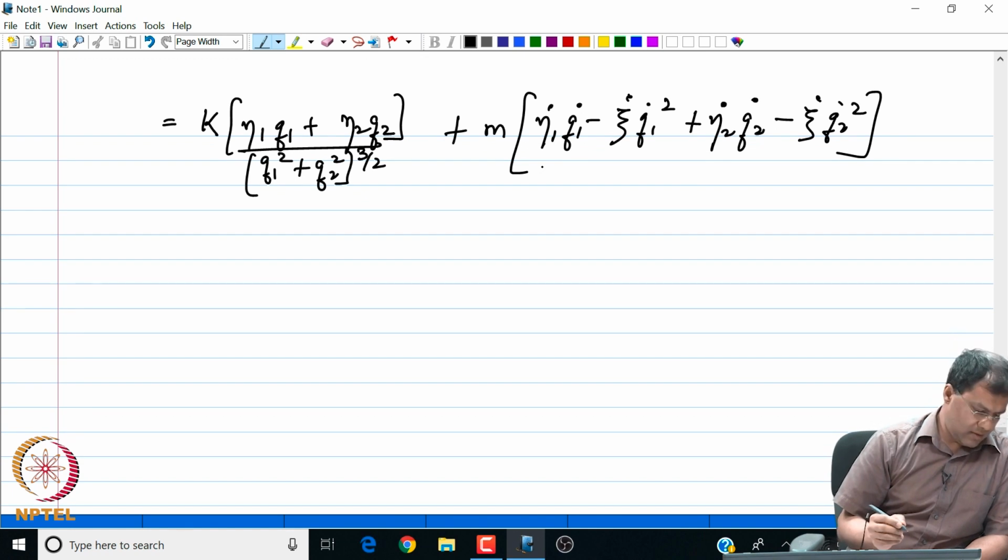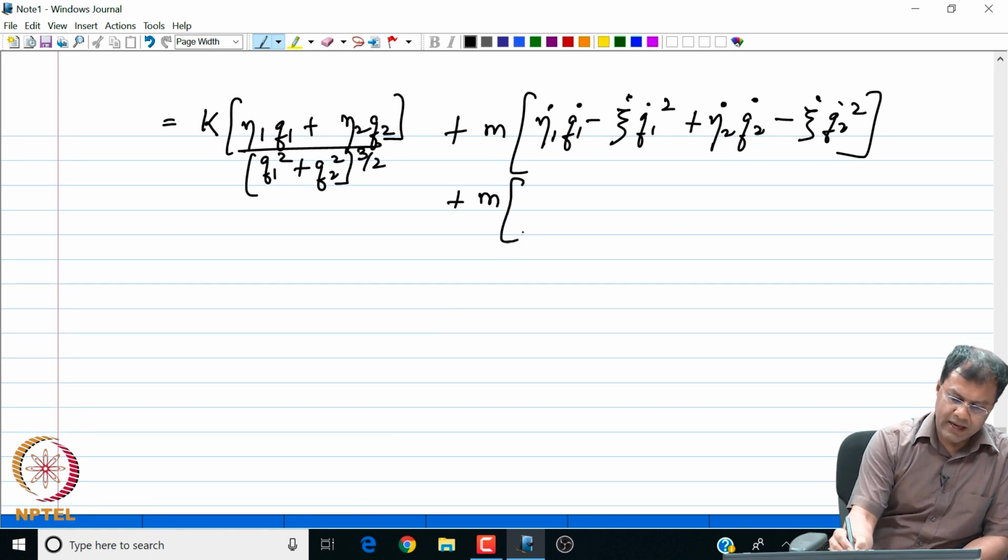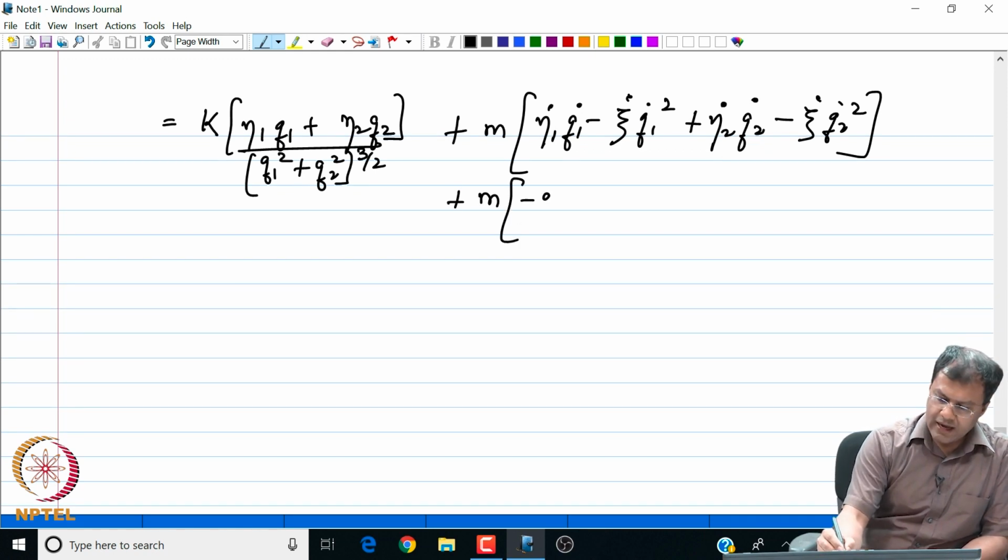These are my first set of terms, and then plus m times terms like negative q1 dot cube xi 1.